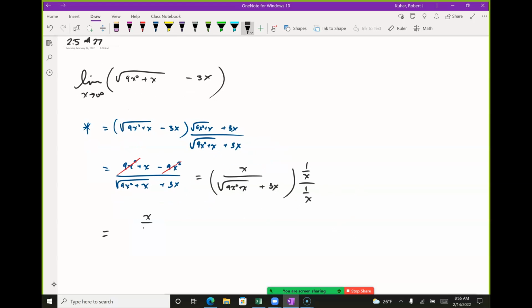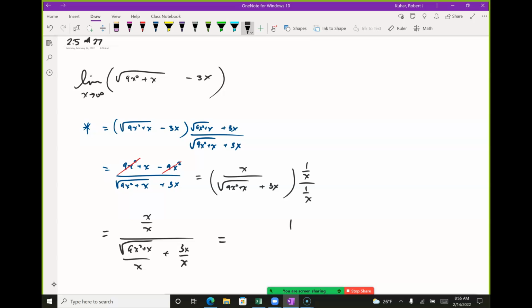So I get x over x, square root of 9x squared plus x all over x, plus 3x over x. Something simplifies there, and the other thing I can do is bring that x inside the radical. If I bring an x inside the radical, it becomes an x squared.